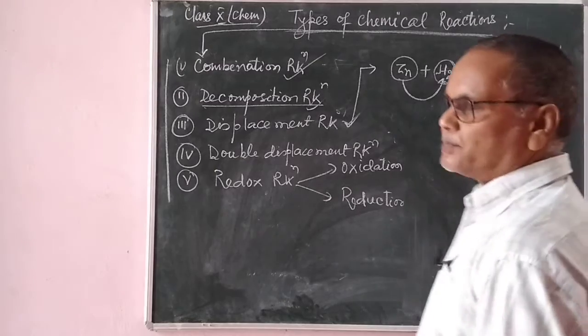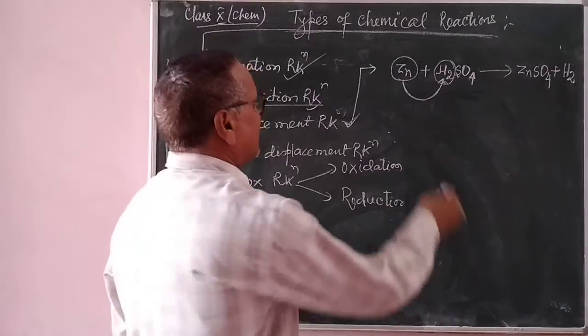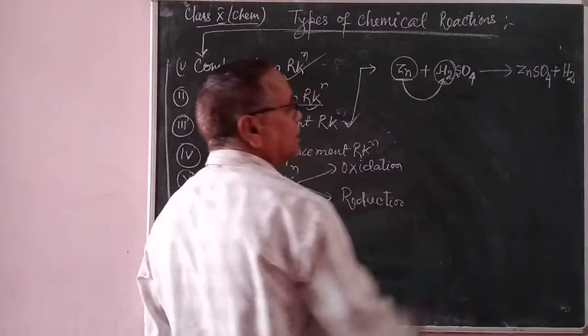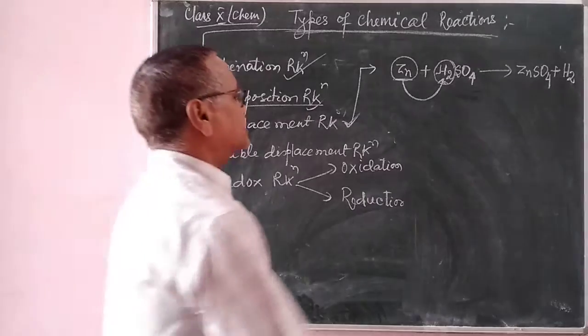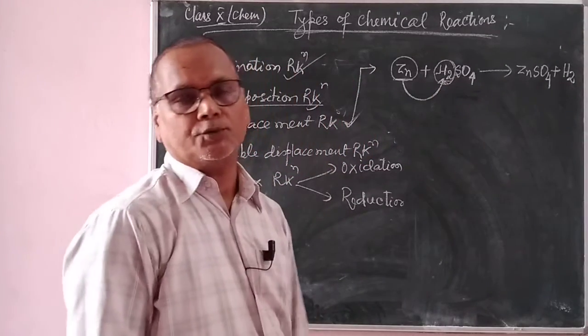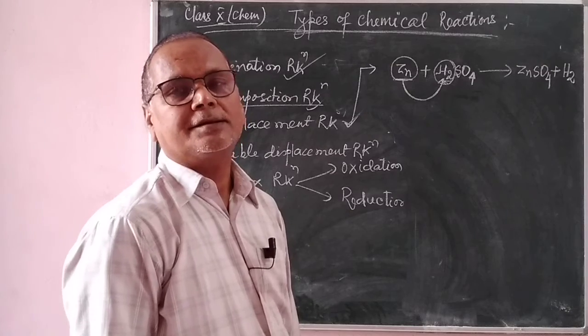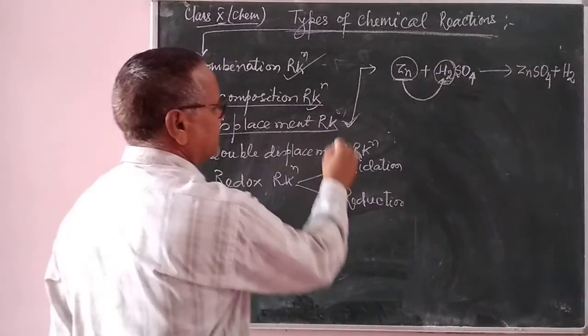So what happens here? In this case, the element which is more reactive displaces the less reactive element from the compound and takes its place. Such reactions are called displacement reactions.